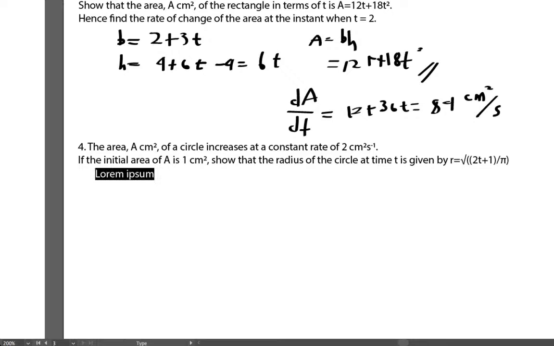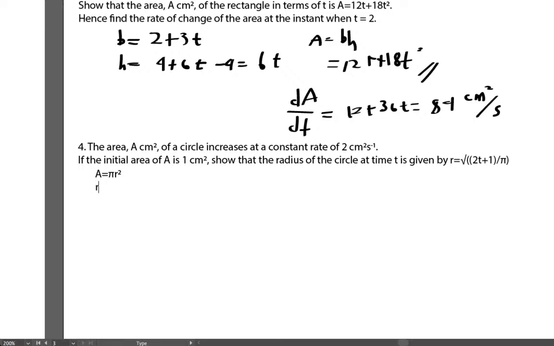So first things first, what we know. Unfortunately, it's not possible. No, wait, it's possible. A is pi r squared, right? When you figure this out, you could actually just rewrite this entire thing.